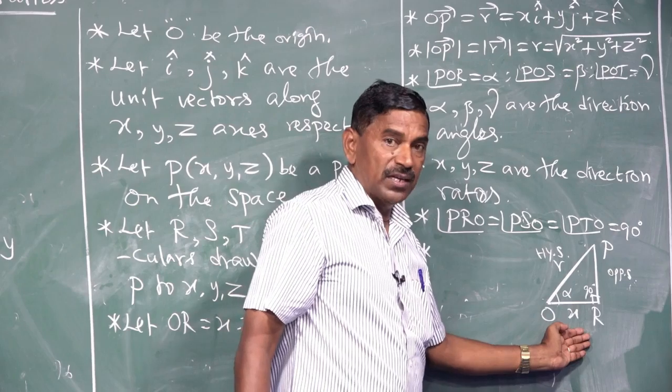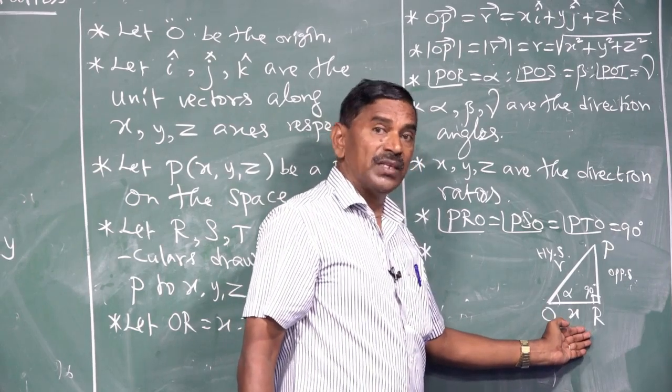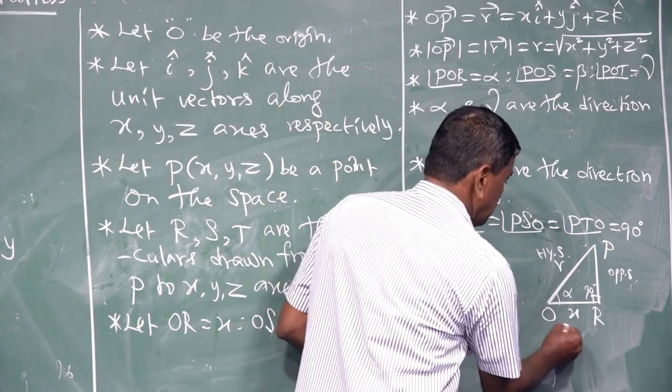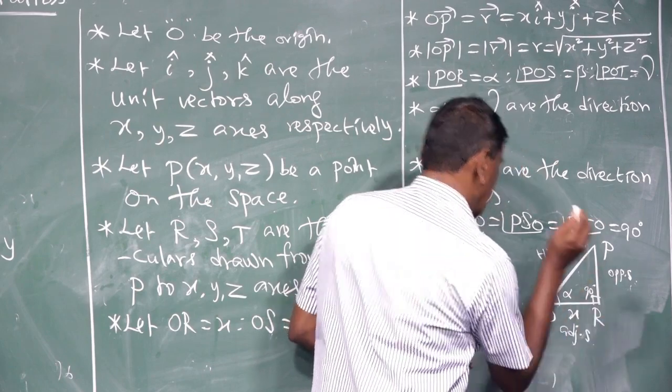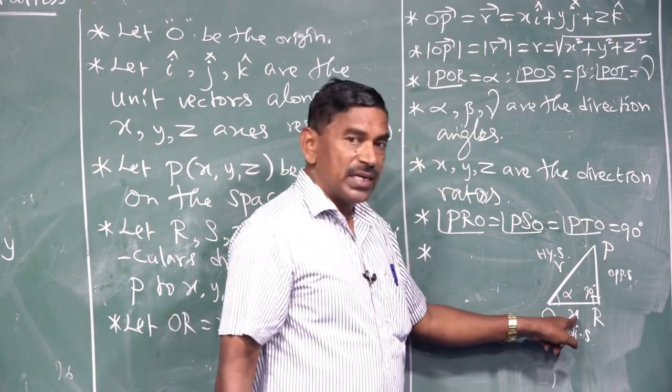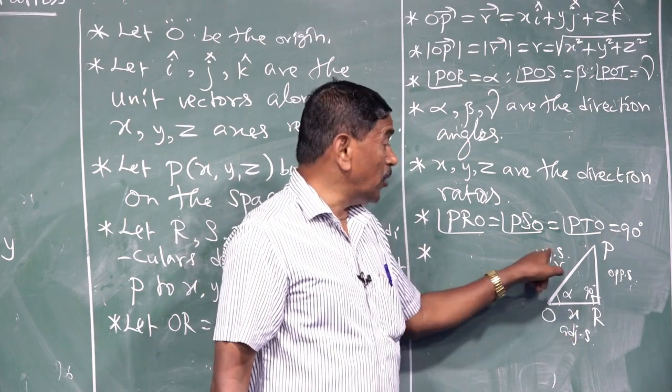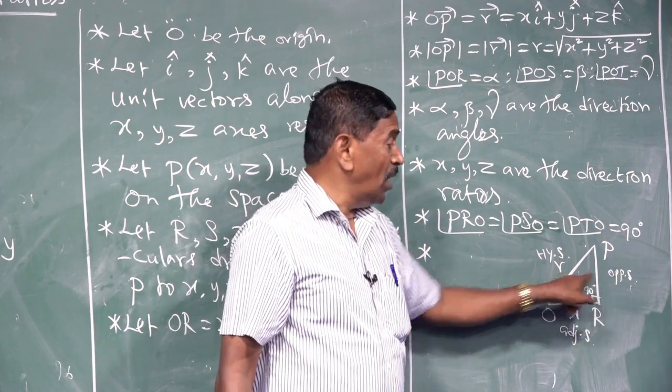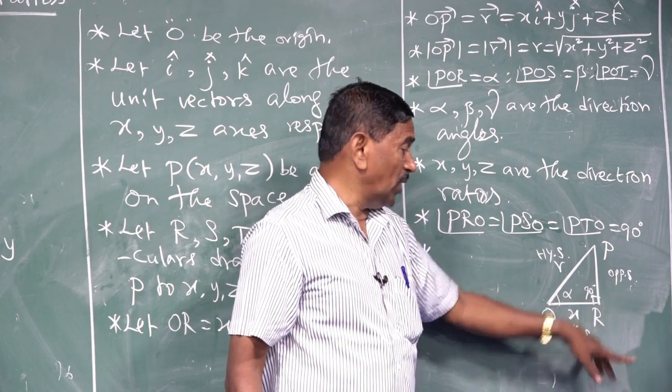One side is remaining; can you tell me what it is? Very good, the adjacent side. Now, here the adjacent side is equal to X and the hypotenuse is equal to r. The opposite side is unknown.